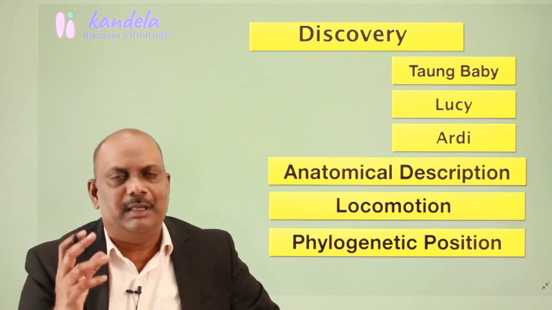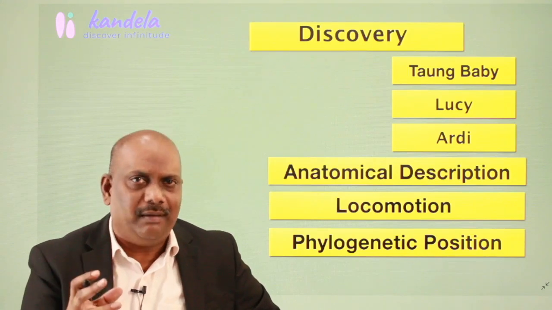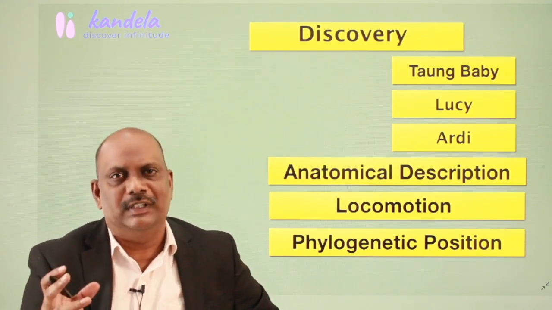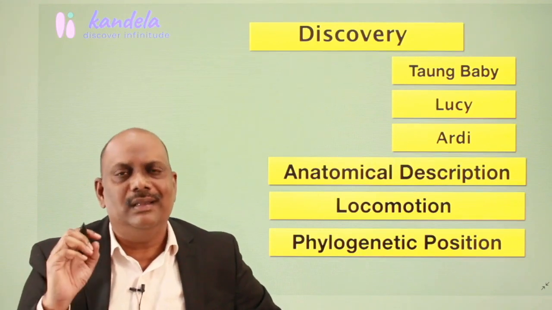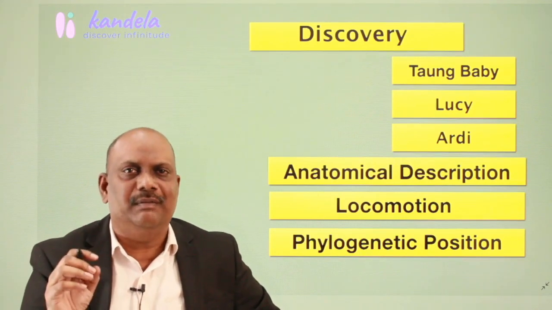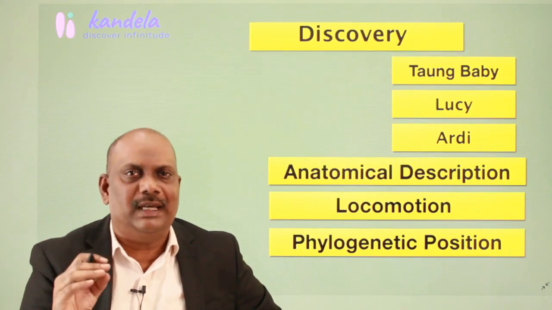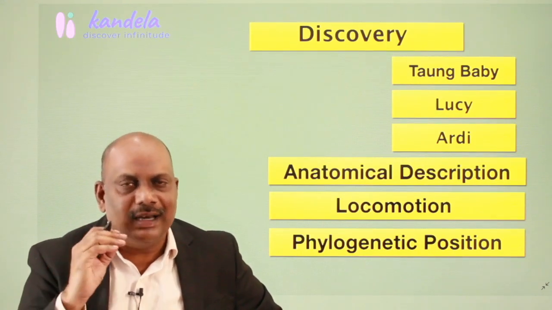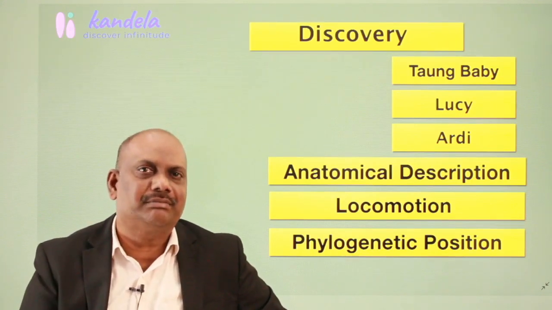By phylogenetic position, we discuss how and why we place this group of fossils in the line of human evolution. What are all the anatomical features which very clearly show that yes, these hominids were in the line of human evolution? We descended from these fossils, from these apes.